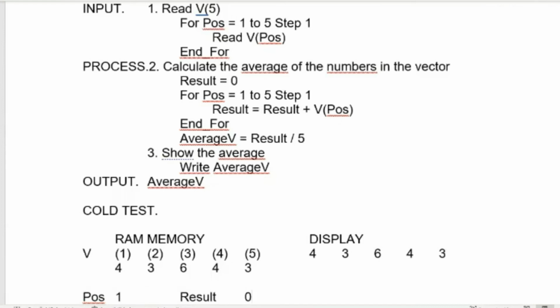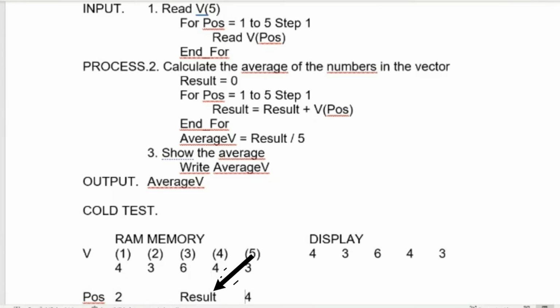So, result is equal to result. Result is 0. And vector in position pos. Position 1, that means 4. So, 0 plus 4 is 4. And for step 1, 1 plus 1 is 2. Now, result is equal to result plus vector in position pos.